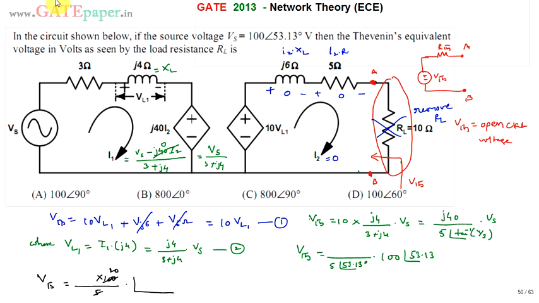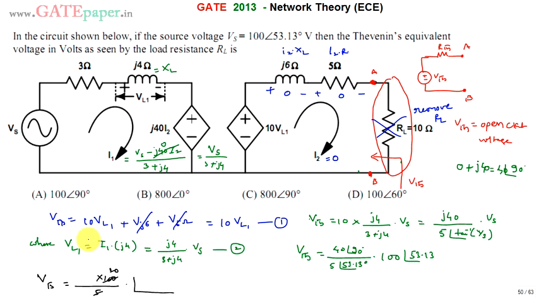In terms of phase angle, j40 means 40 angle plus 90 degrees. Only this is simple j, and j4 can be represented as 0 plus j4, so the magnitude is the square root of 0 squared plus 4 squared, which is 4, and the angle is tan inverse of imaginary by real: 4 by 0 is infinite, and tan inverse of infinity is 90 degrees. So j40 is 40 angle 90 degrees.